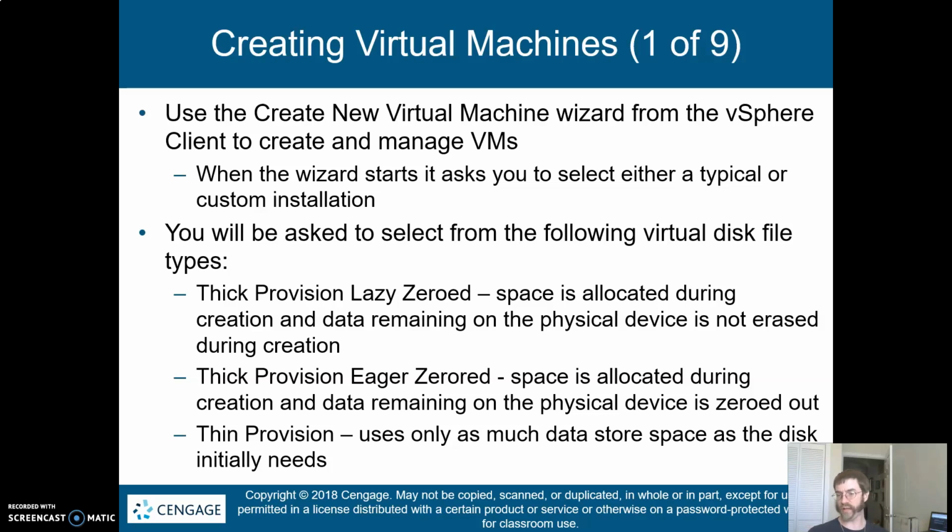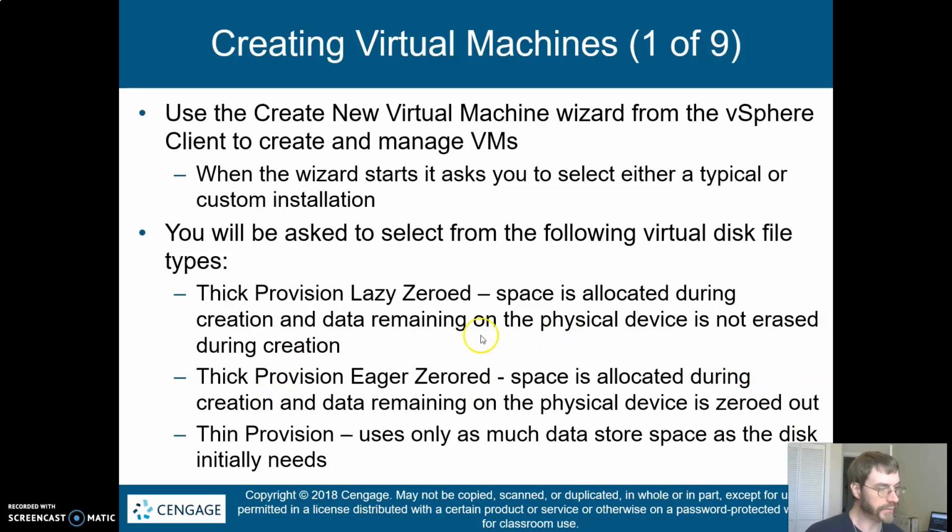On the other hand, with lazy zeroed, it'll allocate all the space during creation, but it will not initialize all those storage sectors until it actually needs them. So your trade-off there is work a little harder now and be ready later, or be ready now and work a little harder later.